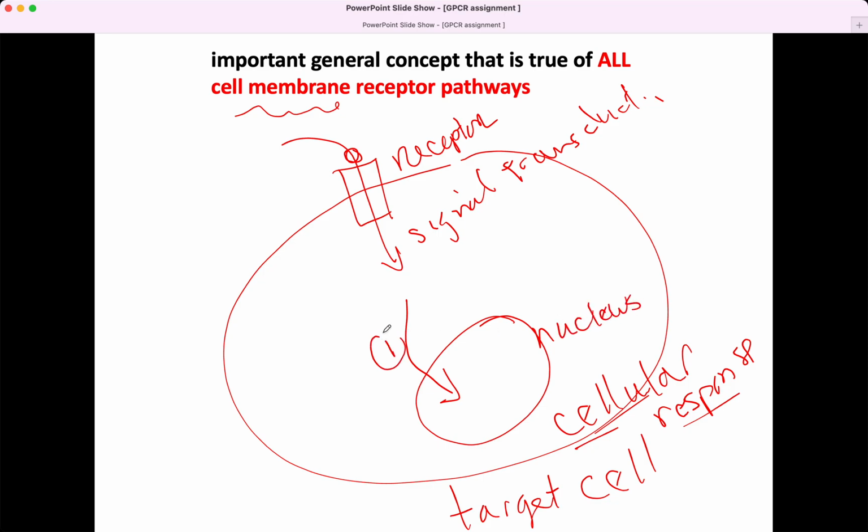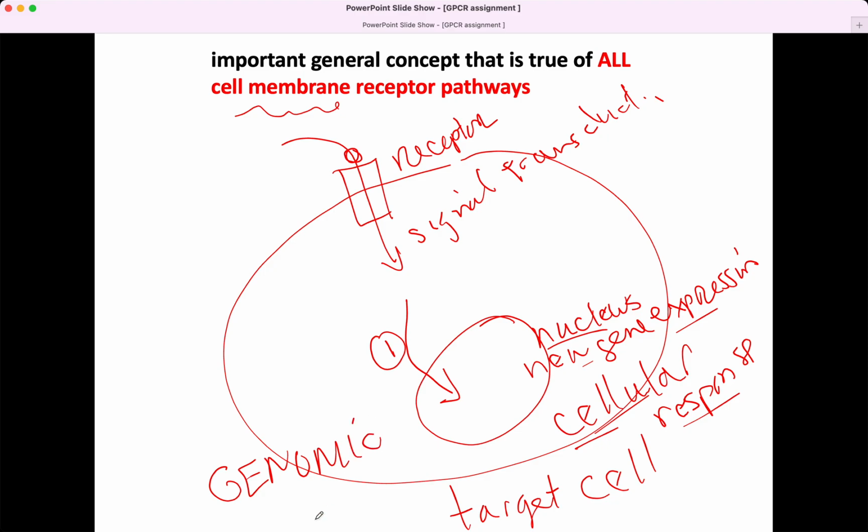So that's one type, is we could have new gene expression. And that's something we've already seen before, how ELK can activate MYC, for example, okay? So there's going to be new gene expression, and there's a general term for that type of response, and it's called a genomic response. So a genomic response means new gene expression.